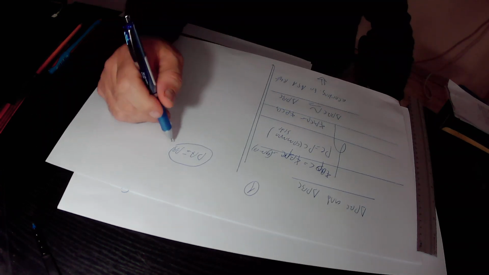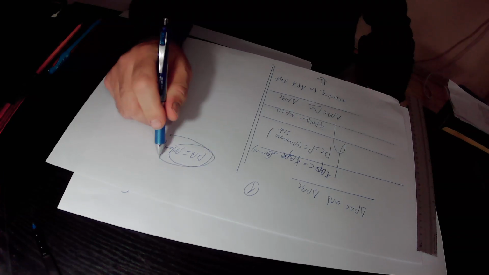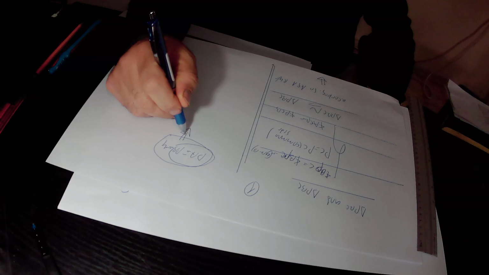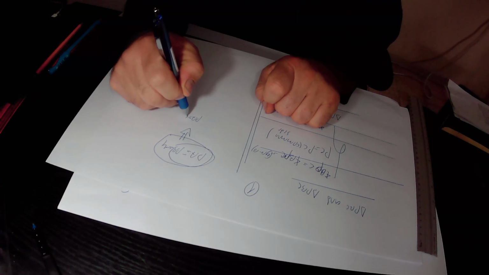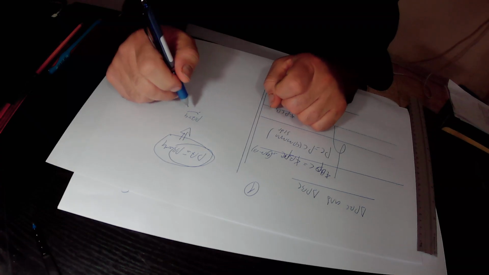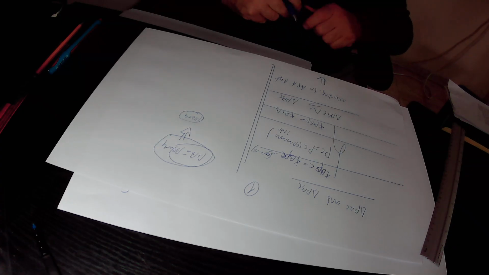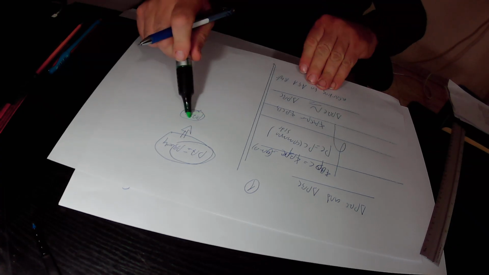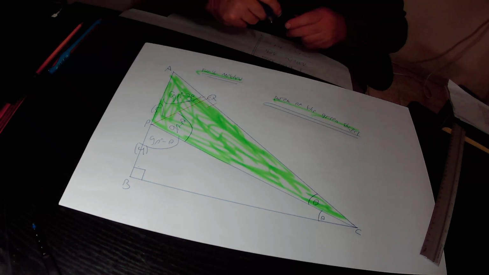PB is 4, so I can write down here that PB is 4, and from the equation PB equals PQ, we derive that PQ also equals 4 units.